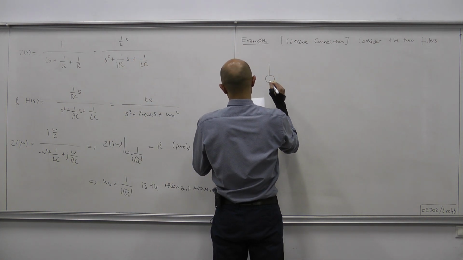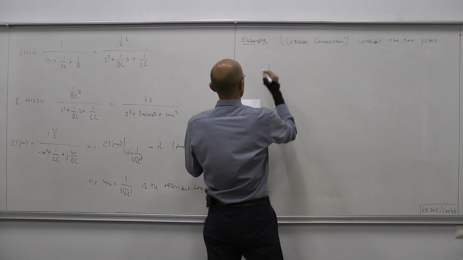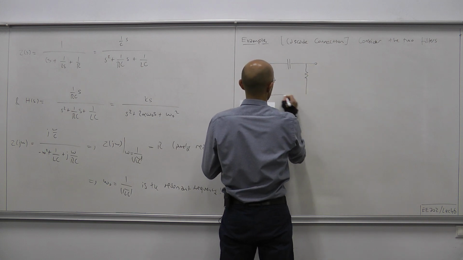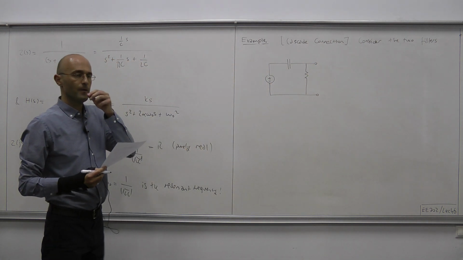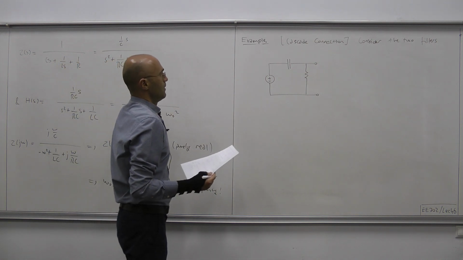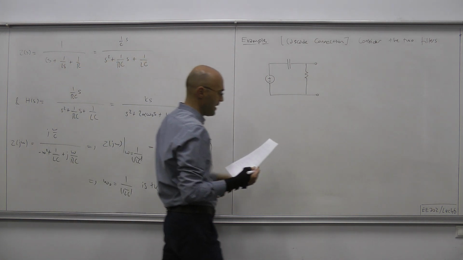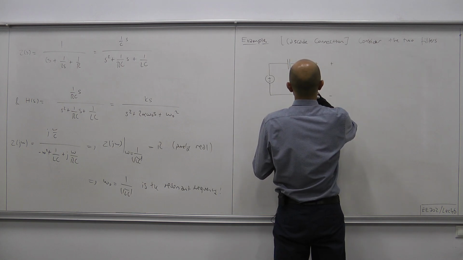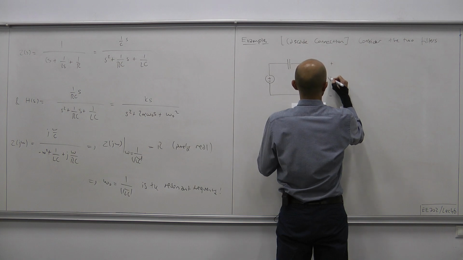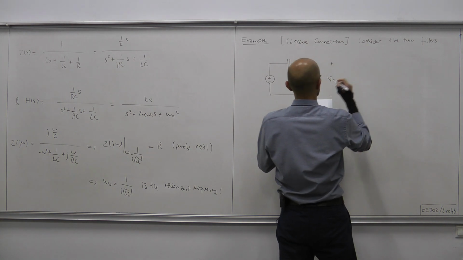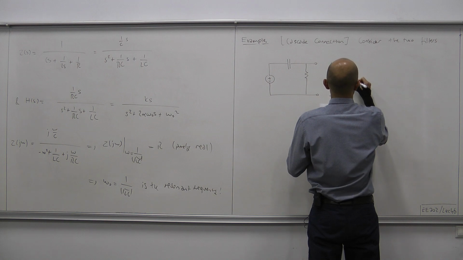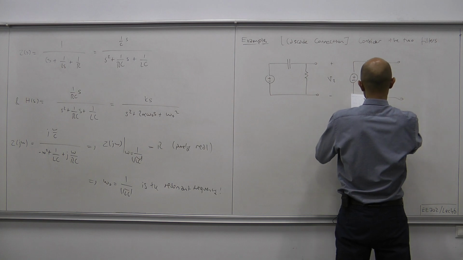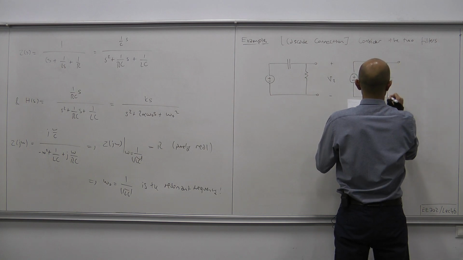Here we have our first filter, which is high pass, with output V2, and we have our second filter, which is a low pass.